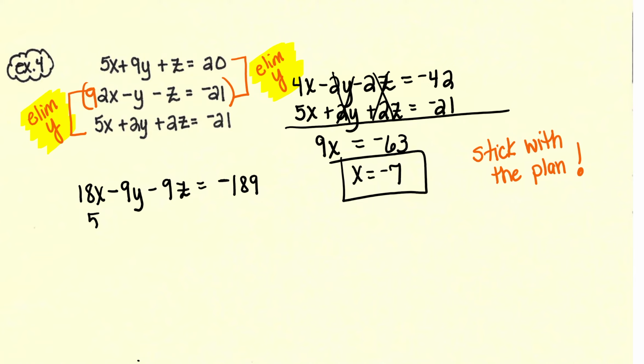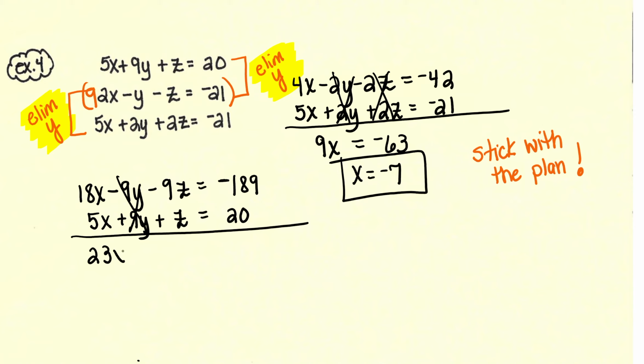Top equation, bring it over just like you see it, trying to get those y's to eliminate, as they do. So then that's going to give me 18 plus 5, which is 23x. Negative 9 plus 1 is negative 8z, is equal to negative 169. That is truly a star equation.